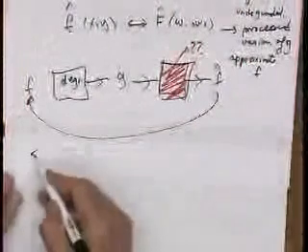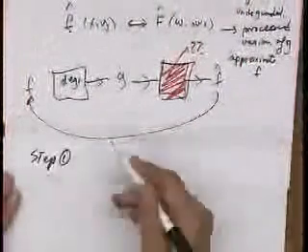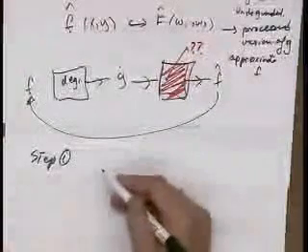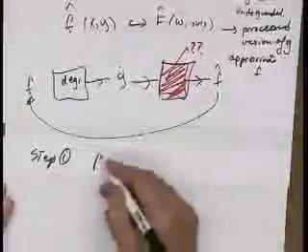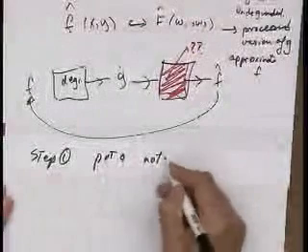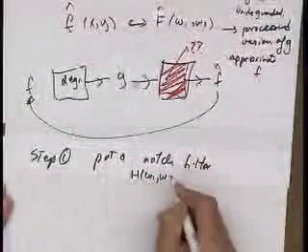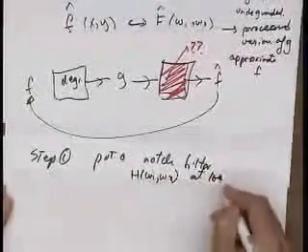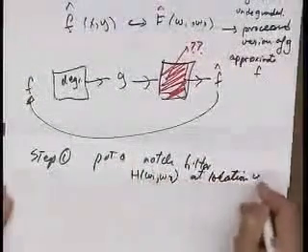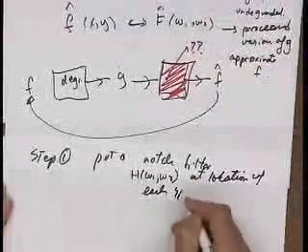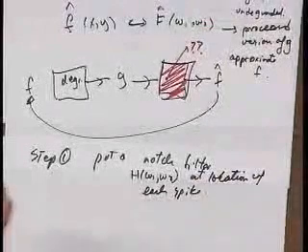So, step one is just put a notch filter, which is h of omega 1 and omega 2, at the location of each one of the spikes.